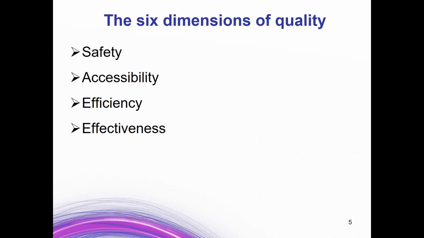So there are two typical scenarios: with the same amount of resources you produce a higher level of desired outcomes, or you produce the same level of desired outcomes with a smaller amount of resources required.